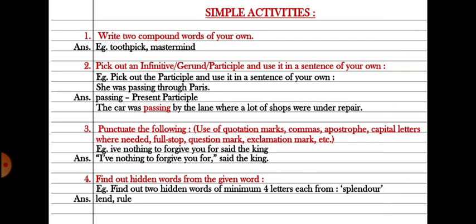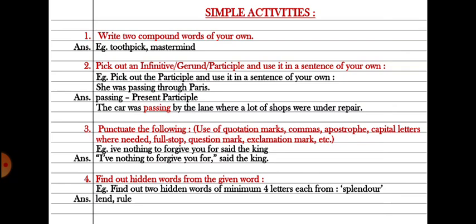These can be written in 3 ways as open compounds, spelled as 2 words, for example, ice cream, closed compounds, joined to form a single word, for example, doorknob, and hyphenated compounds, 2 words joined by a hyphen, for example, long-term.